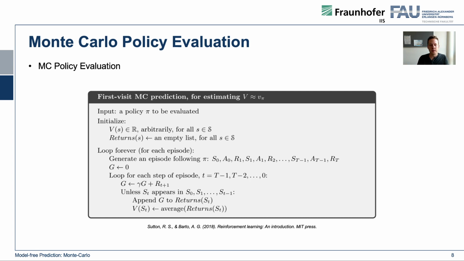And you save the whole state, action, reward sequence in a list, and then you loop through each state of the episode, but from the back. So you do not start in the beginning where the agent started.